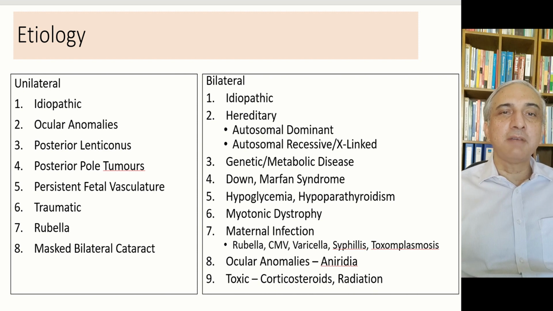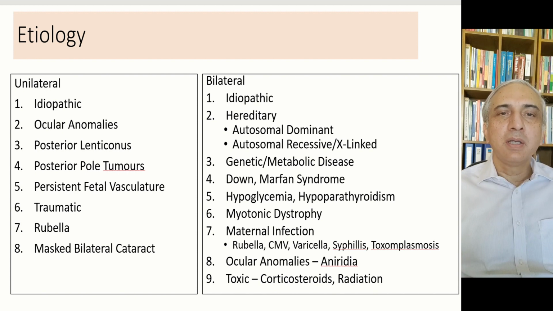Persistent fetal vasculature. Normally, embryologically, when the child is developing, the lens gets its vascular supply from the hyaloid artery, which regresses as the child develops after he's born. So the vitreous becomes clear or transparent at that time.